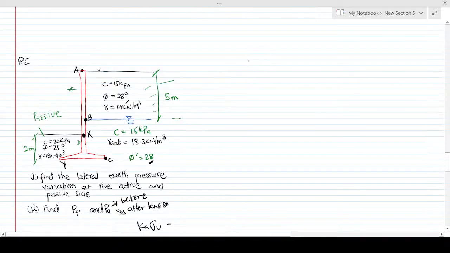Now, for the passive side, we need our KP, which is given by 1 plus sin φ over 1 minus sin φ, right? Now, the φ given to us was 25.